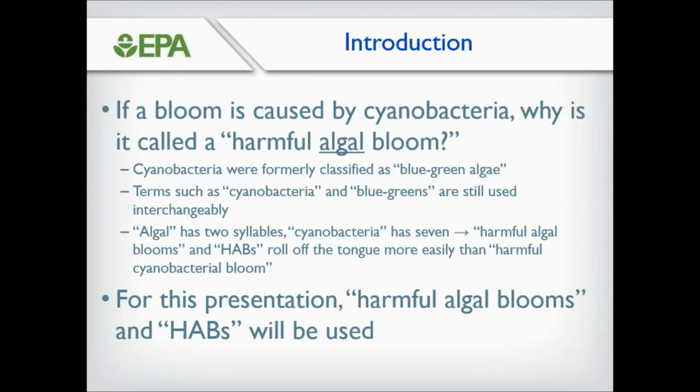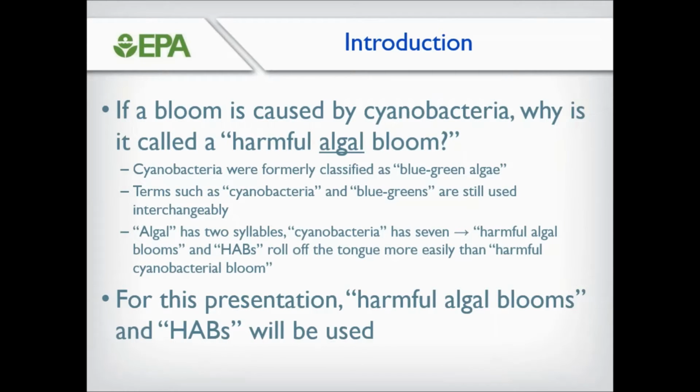Originally, cyanobacteria were classified as part of the algae group, as blue-green algae. Even in current practice, at conferences and in articles, terms such as cyanobacteria and blue-greens are still used interchangeably, so there's a fair amount of confusion.